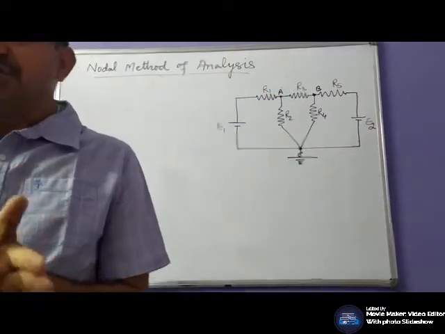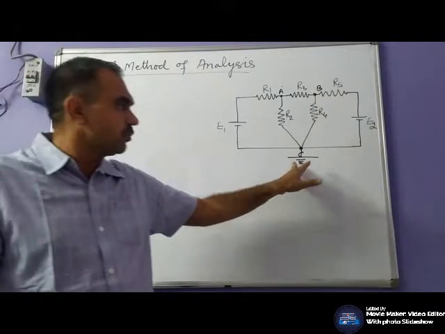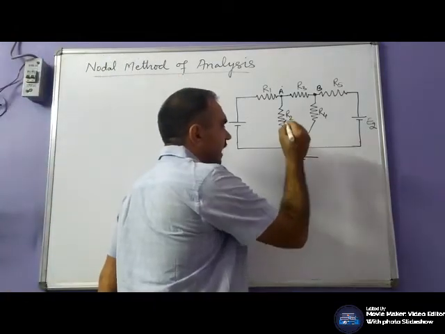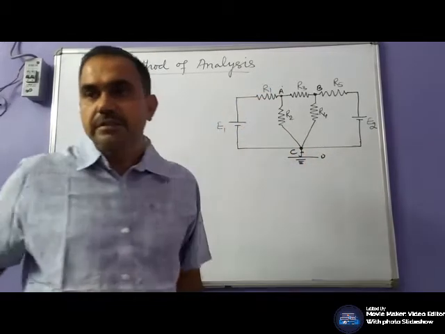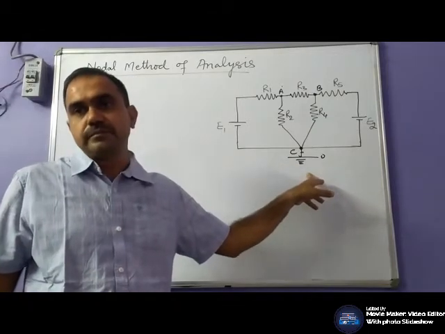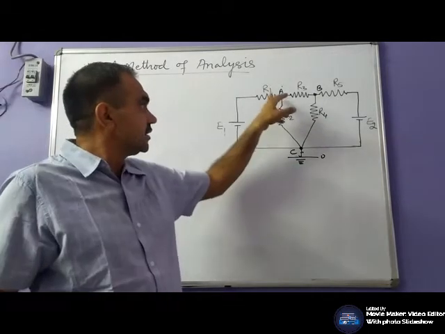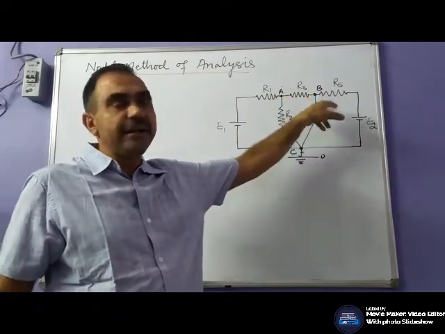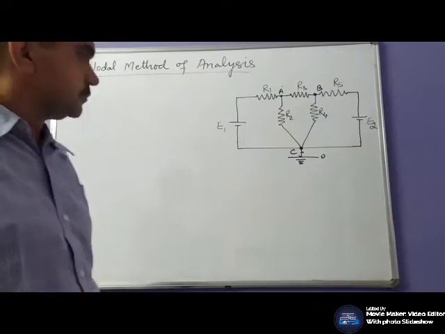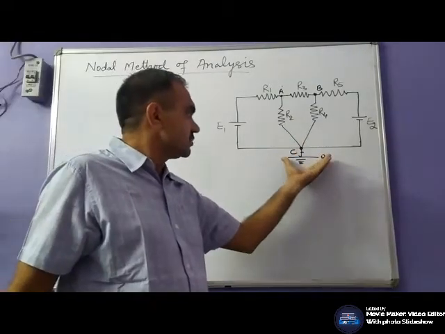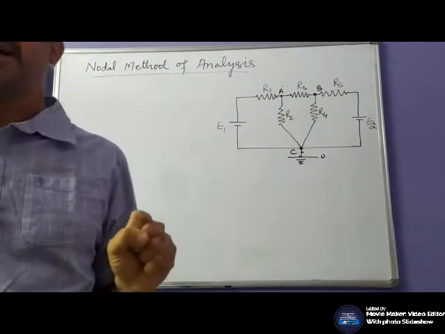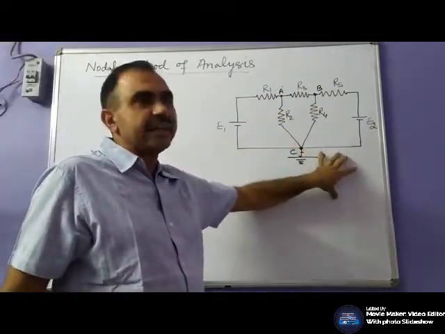Assuming this reference node's potential to be 0, it has 0 potential, or the lower end of the potential. So the other nodes are A and B. Out of these three nodes, we have considered one node as a reference node.